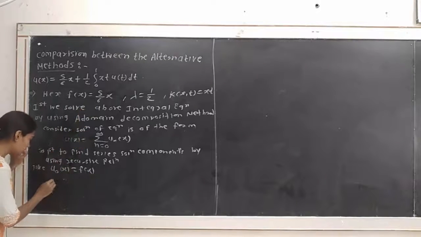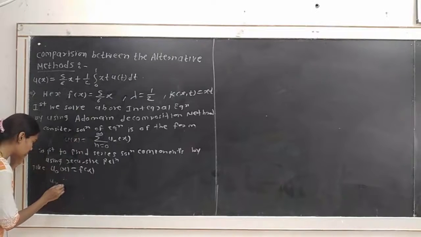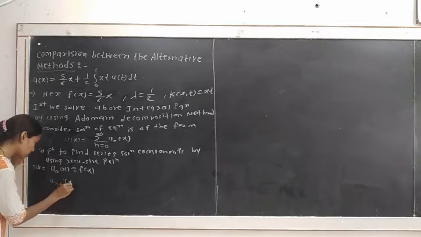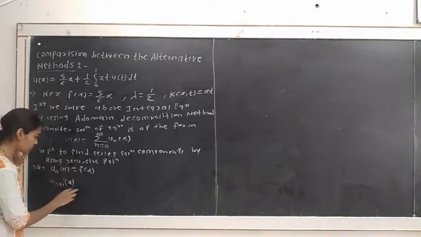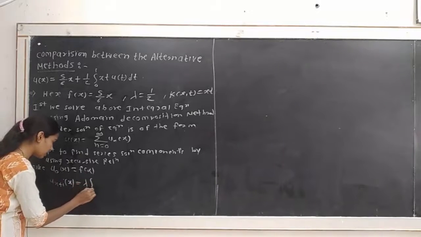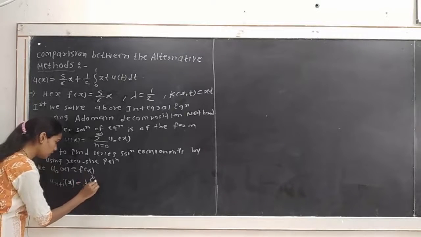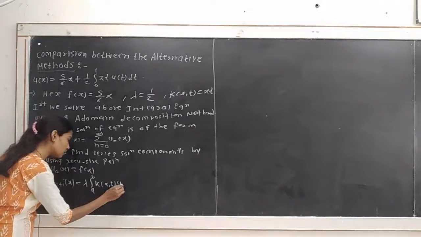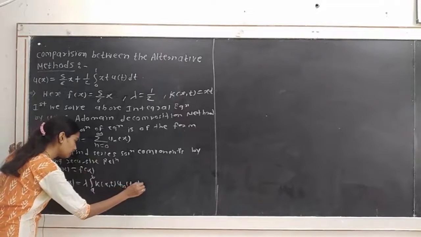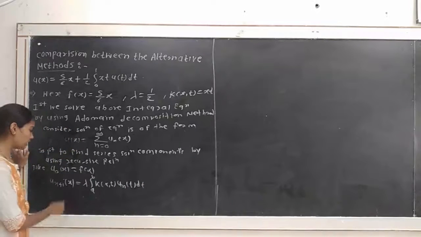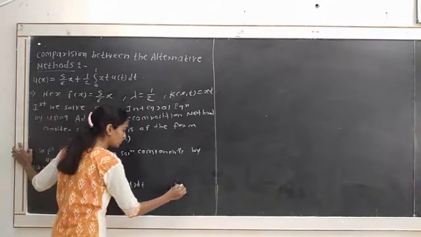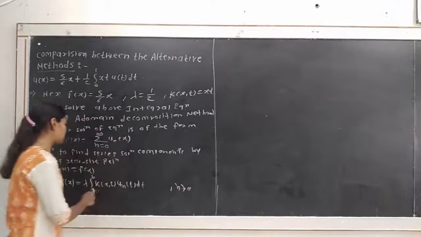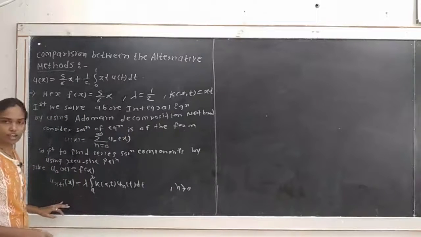Then we find the other components of the series solution by using the recursive relation u n plus 1 of x is equal to lambda integration from a to b k of x t into u n of t dt, for n greater than or equal to 0. We use the recursive relation to find all the other components.